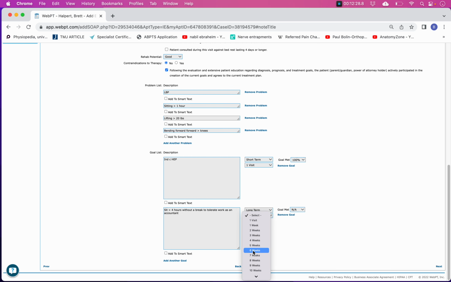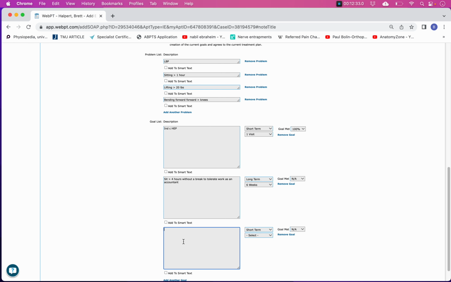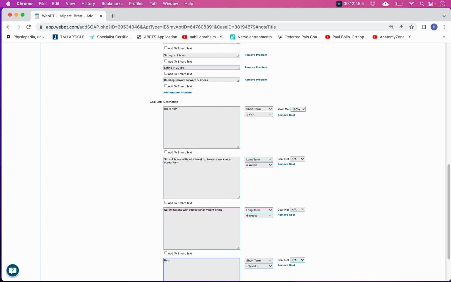Say 6 weeks. No limitations with recreational weightlifting. Bend forward to toes without feeling limited secondary to low back pain.